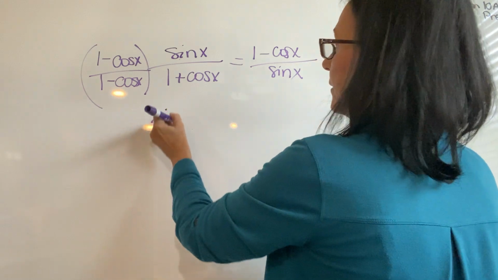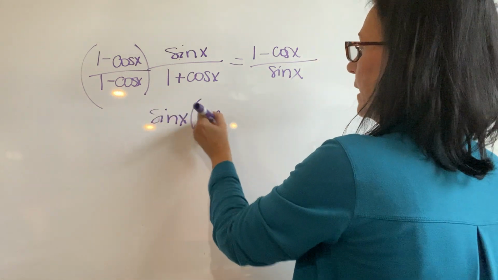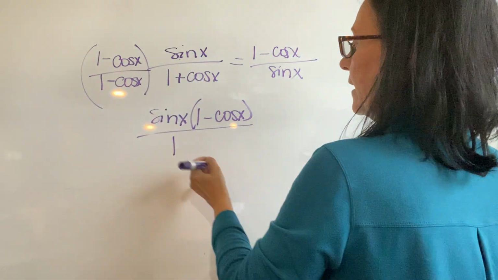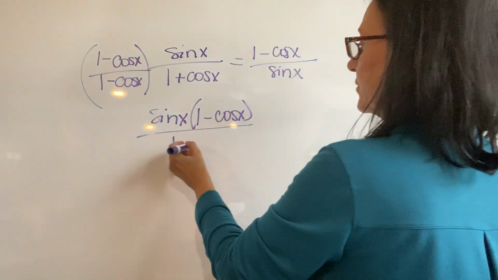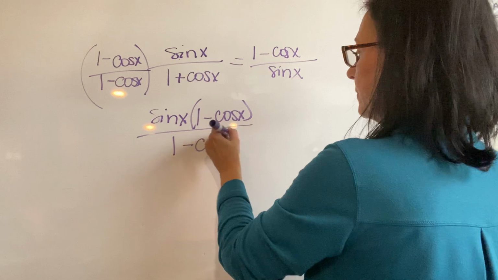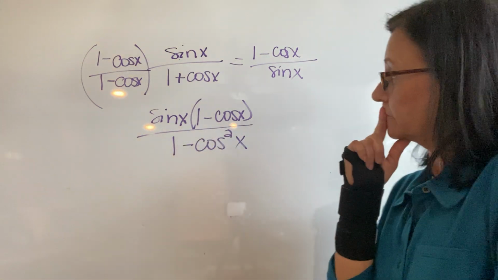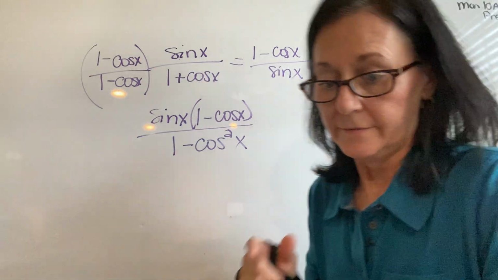In the numerator, we have the sine of x times 1 minus the cosine x. These are conjugates. I multiply the first ones, and I multiply the last ones.